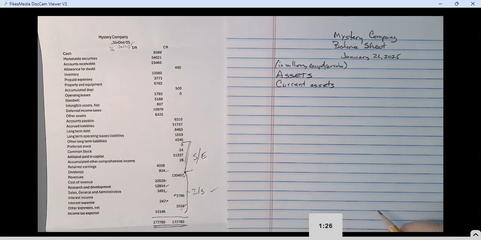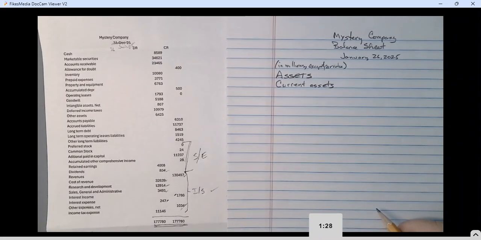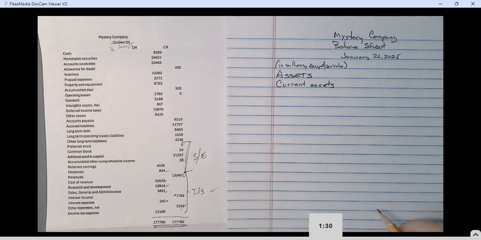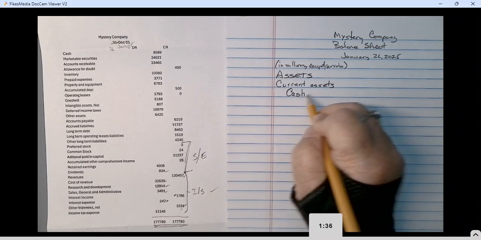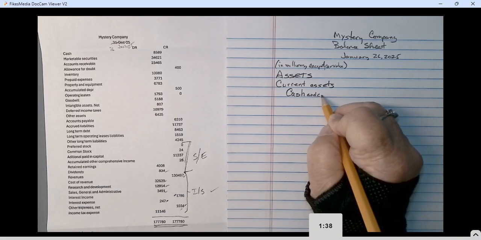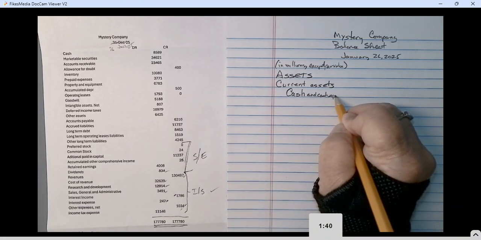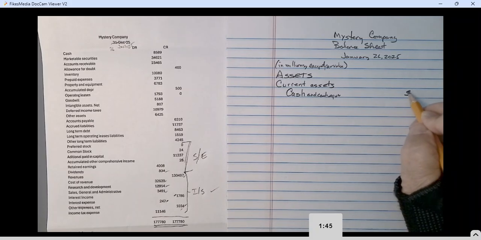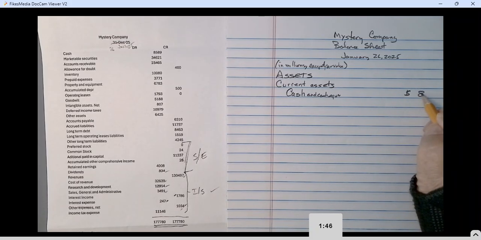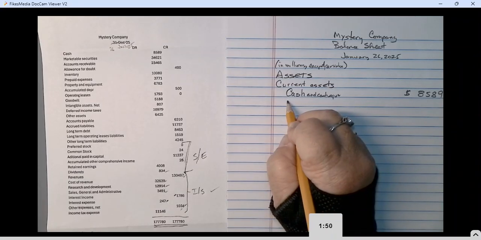So we're going to be looking at the liquidity of things. Rarely do they change as far as the liquidity. So cash and cash equivalents is first, and that is going to be starting with the dollar sign.